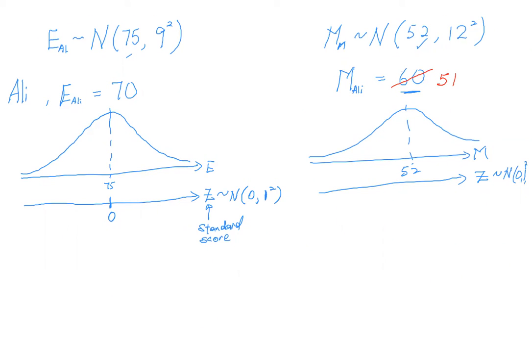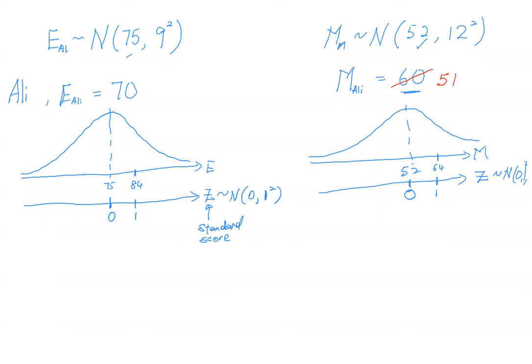Okay? So if you get 52 marks in maths, your standard score will be 0. If you get 75 marks in EAL, your standard score will be 0 also. If you get 1 standard deviation away, 52 plus 12, 64, then your standard score will be 1 for math. But for EAL, if you got 84, then your standard score will be 1. Clear?